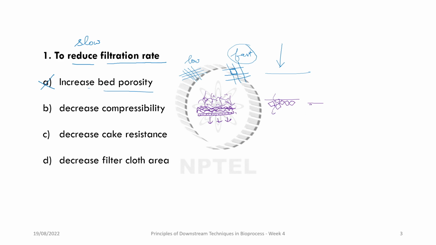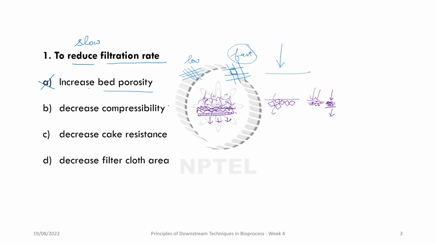But if the cake material is very soft, over time with pressure it is going to get compressed even more. So with higher compressibility, the cake is going to be very thick. It is not going to leave much space for the next batch of media to filter through and come out. Correct? So if compressibility is more, filtration is going to be less.